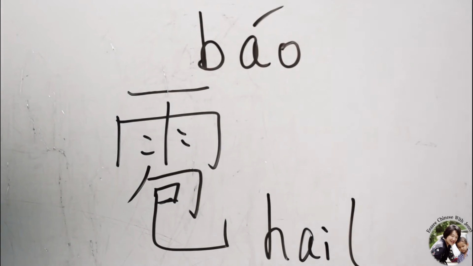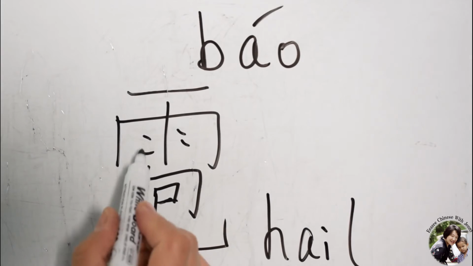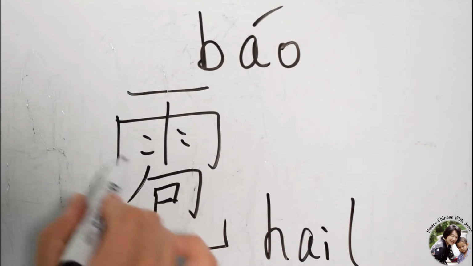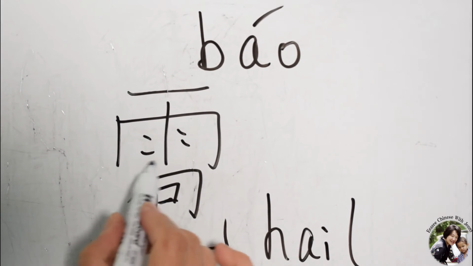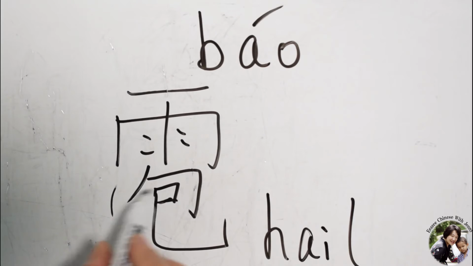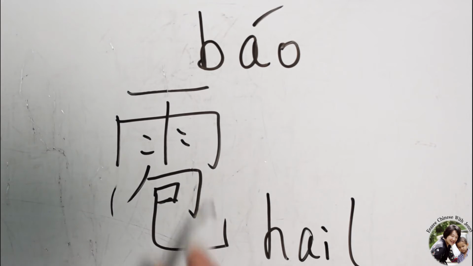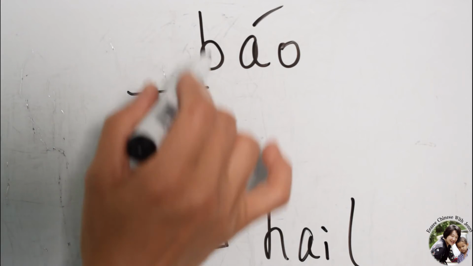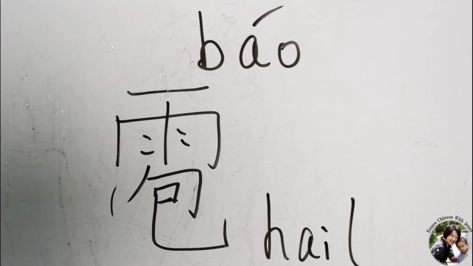But currently, the simplified version has the rain on the top, and on the bottom, this character means a round shape, or if you use it as a verb, it means you wipe it in a round shape. So it means hail. Pronunciation is báo, 雹.